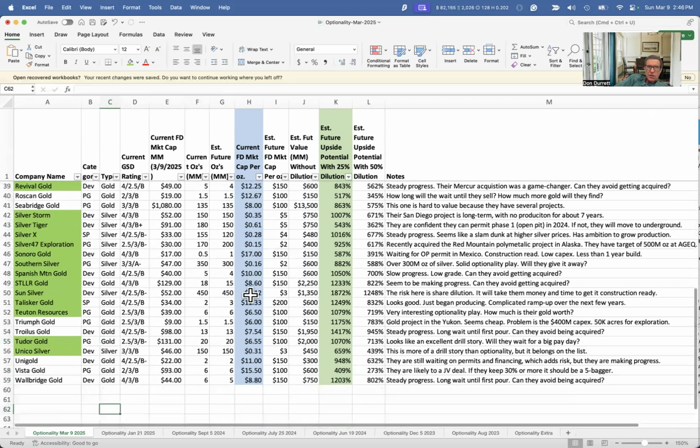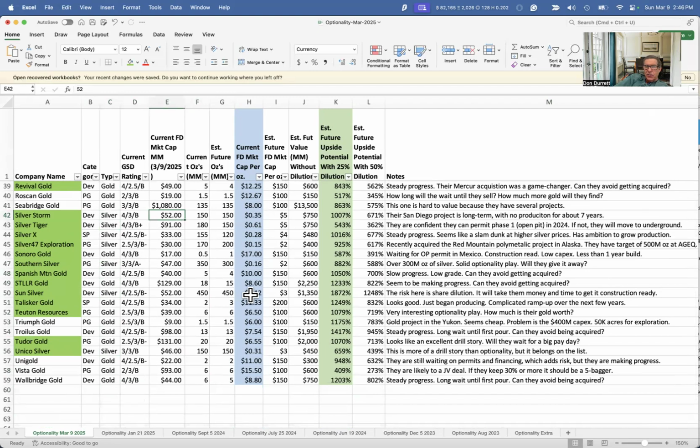Silver Storm, you're paying 52 million for, I think it's La Perilla, that they bought from First Majestic. But the reason why you own Silver Storm is because of San Diego. San Diego is in the same state in Mexico as the mine they bought that they're going to put into production this year. So we're getting San Diego for free, and you've got 150 million paying 35 cents an ounce.